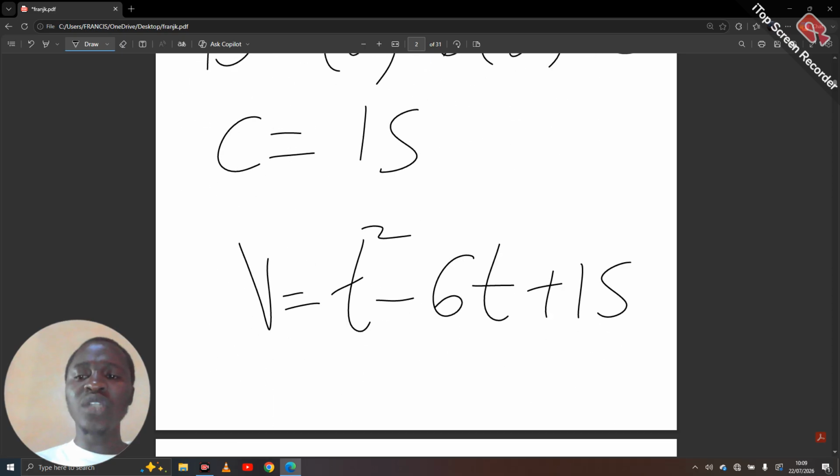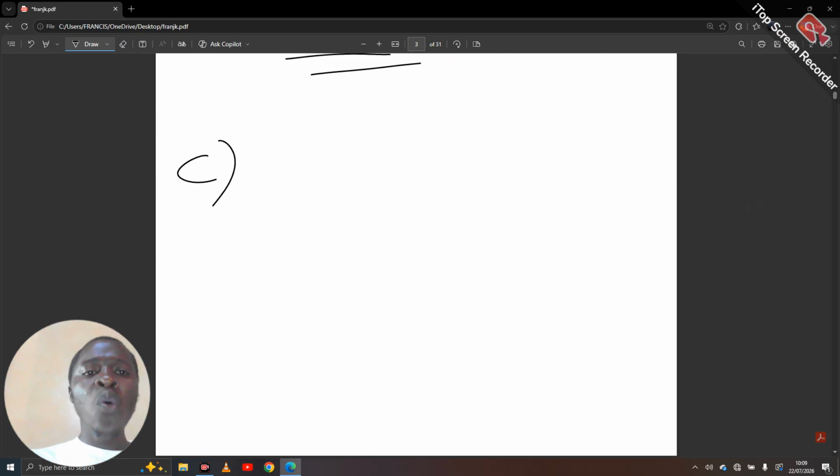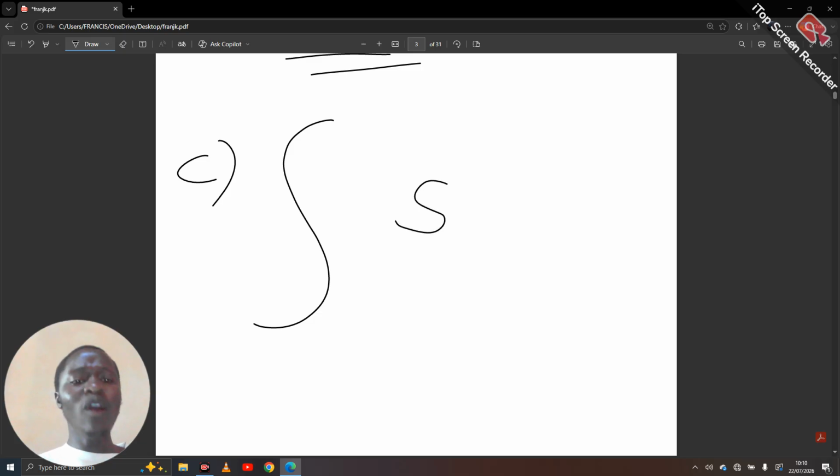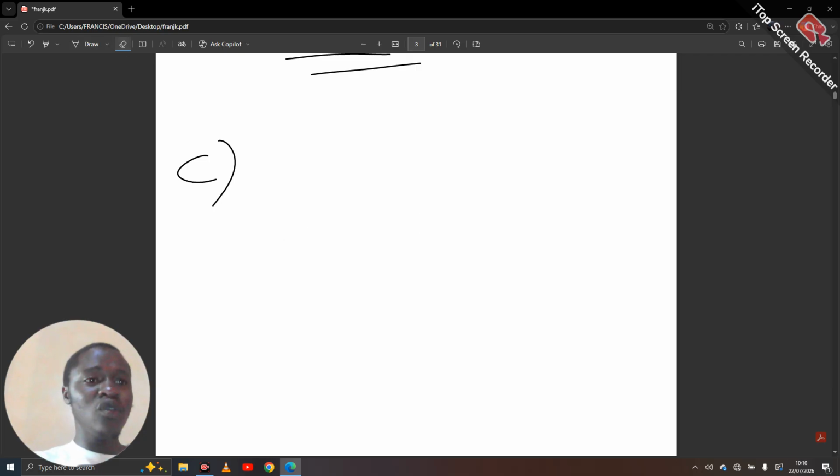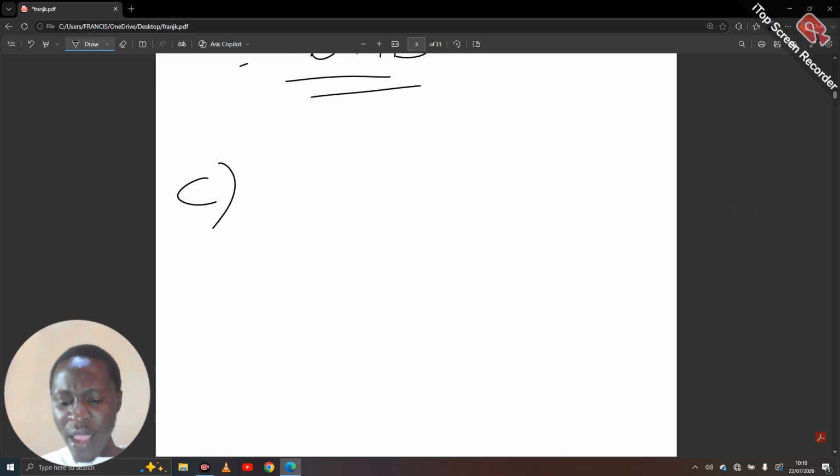Remember, there are these two symbols. We have the long S and we have the small s. The long S is for integrating. The small s symbolizes displacement. So do not get confused there. Now, give an expression in terms of t for the object displacement.